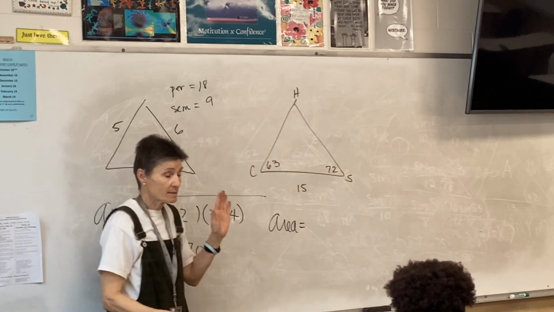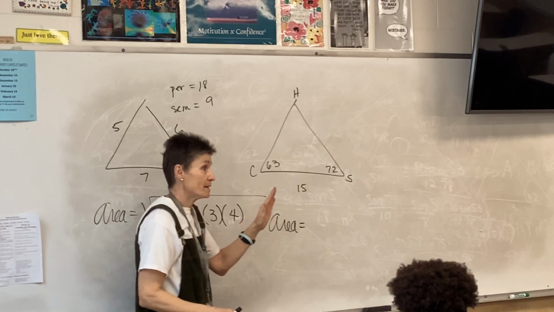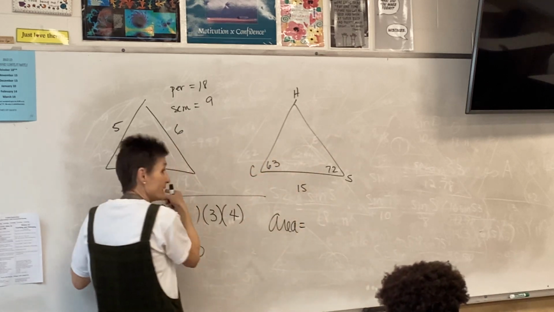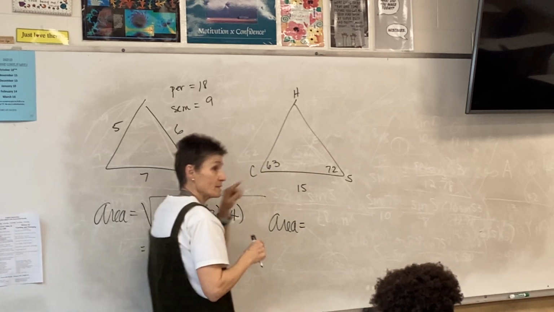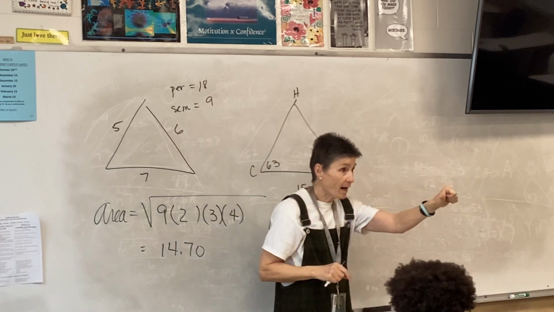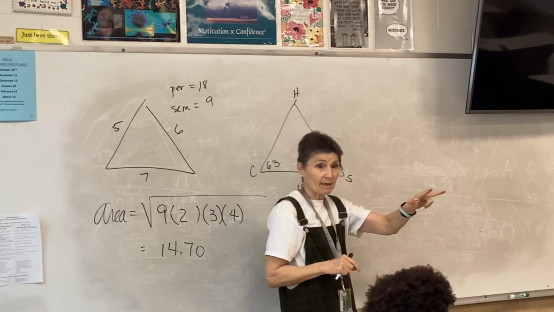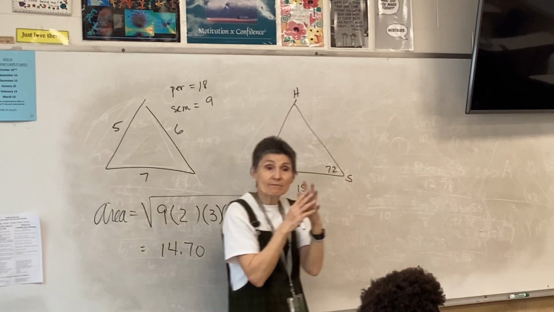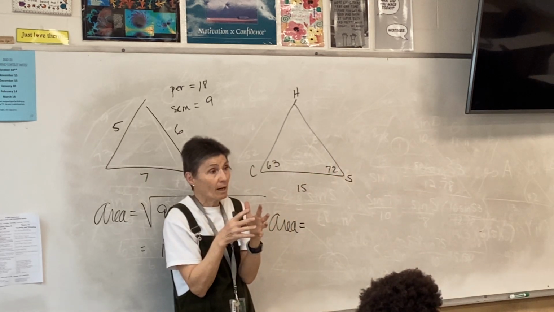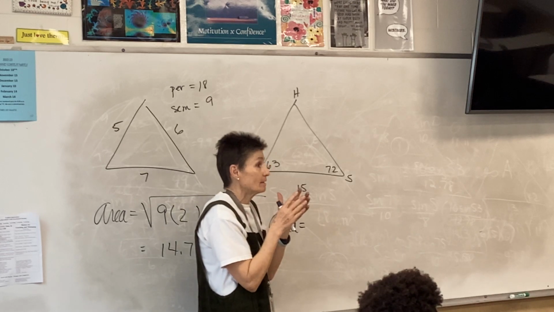All right, stop guys. How do we find area? We either use all 3 sides like we did here, or what's our other way? 1/2 side, side, sine. Well, guess what? I don't have enough sides, so I can't even do this problem until I find another side.